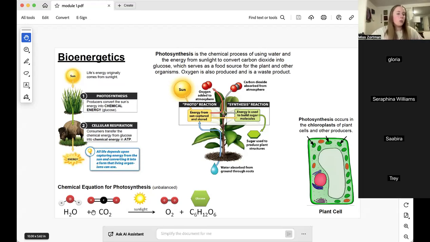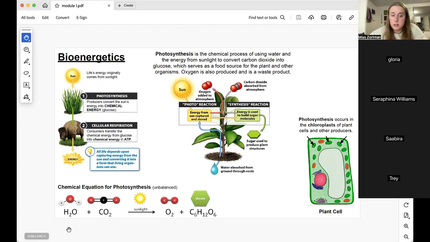So when you're looking at the chemical equation for photosynthesis, I often tell students to think about if you're trying to take care of a plant, and I understand not everyone has a green thumb, but what would they need? Okay. And the one thing that they definitely need, and something that can be very bad if you forget to do, is they need water. So water goes into the photosynthesis equation.